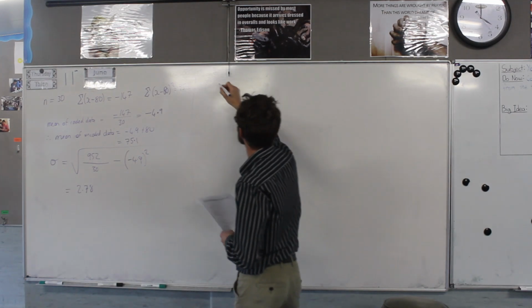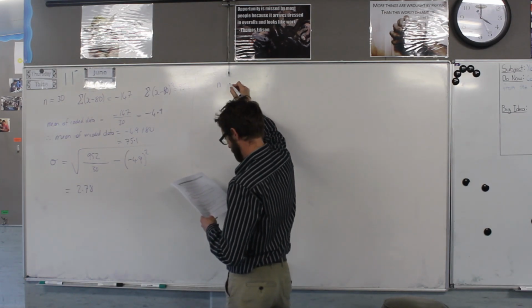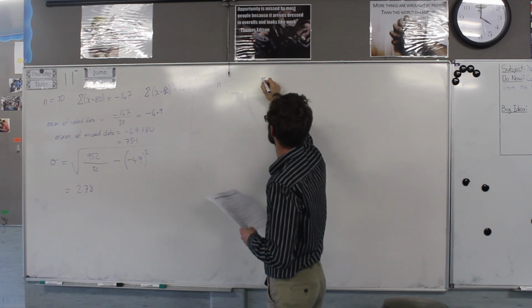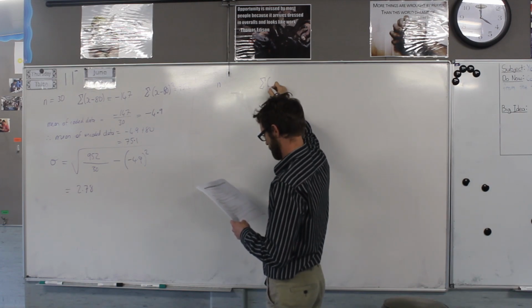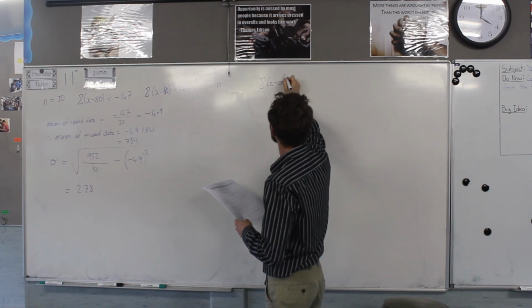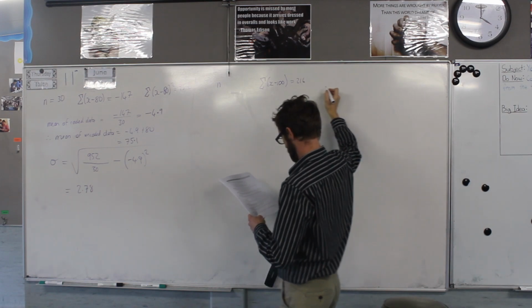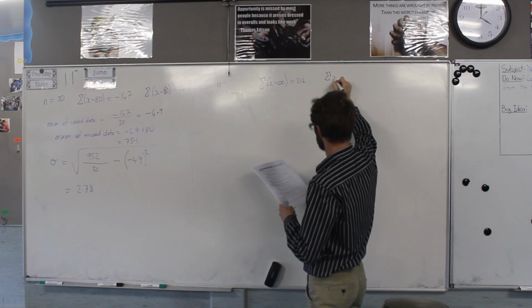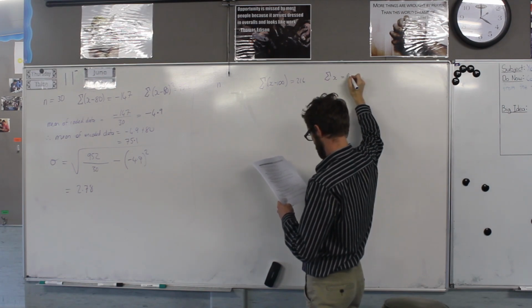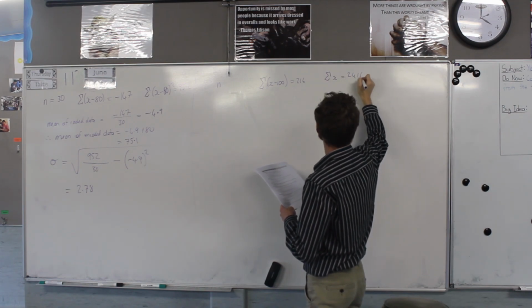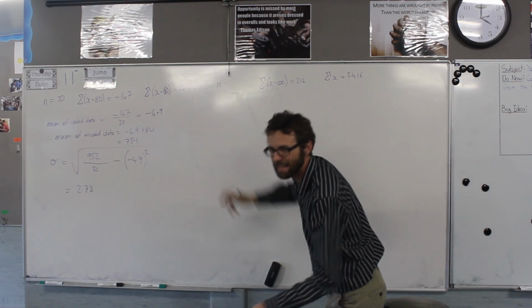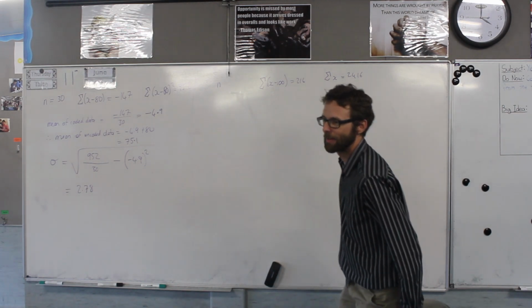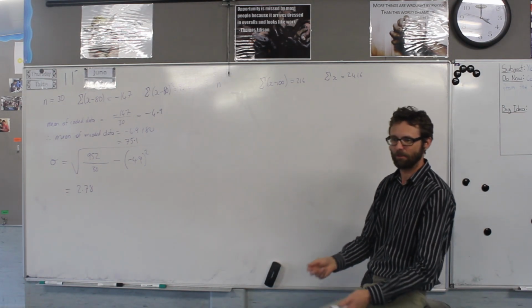In values, we've got this, sum of x minus 100 is equal to 216. And we've got sum of x equals 2416, and we've got to find out what n is. Okay, this is a bit different, this one.